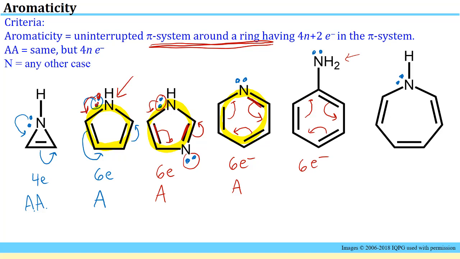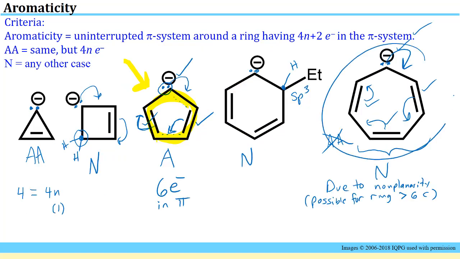And not every atom in the whole molecule has to be part of the pi conjugated system that makes this aromatic. It's just the atoms that have the pi system around the ring. An aromatic compound can, of course, have substituents. And then we have a compound here that should remind us of a lone pair in a 7-membered ring with 3 pi bonds that we saw in the previous.